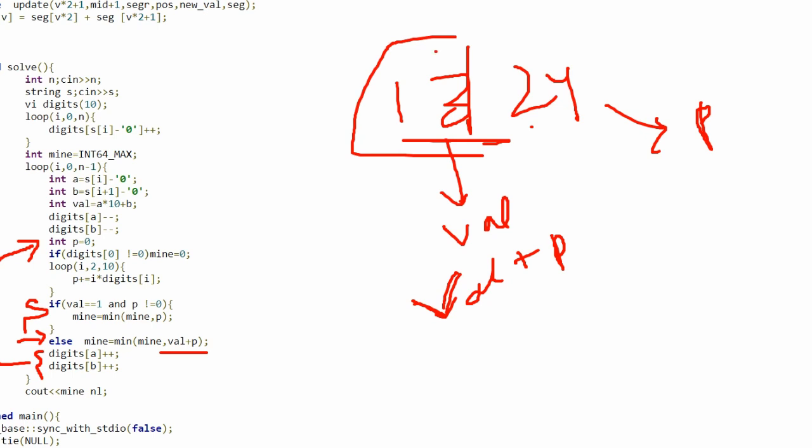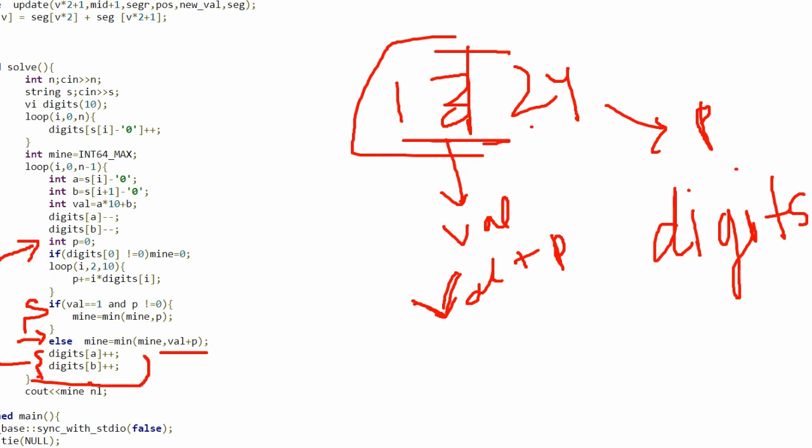For the next iteration, in the digits, which is our frequency array, I will again set it to our original value. This would make it original digits, whatever was stored originally in our digits vector.